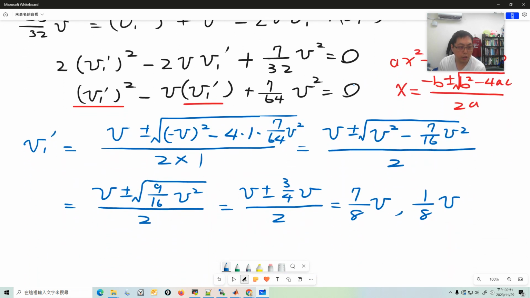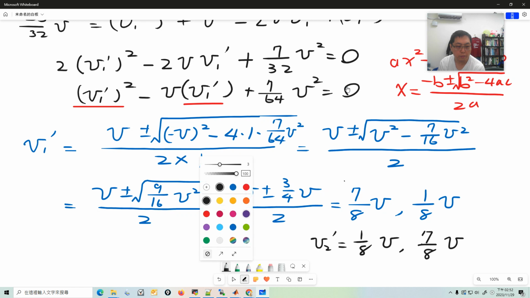So if v1 prime is 7 over 8 v, our v2 prime is 1 over 8 v. If v1 prime is 1 over 8 v, our v2 prime will be 7 over 8 v. So we have two answers.